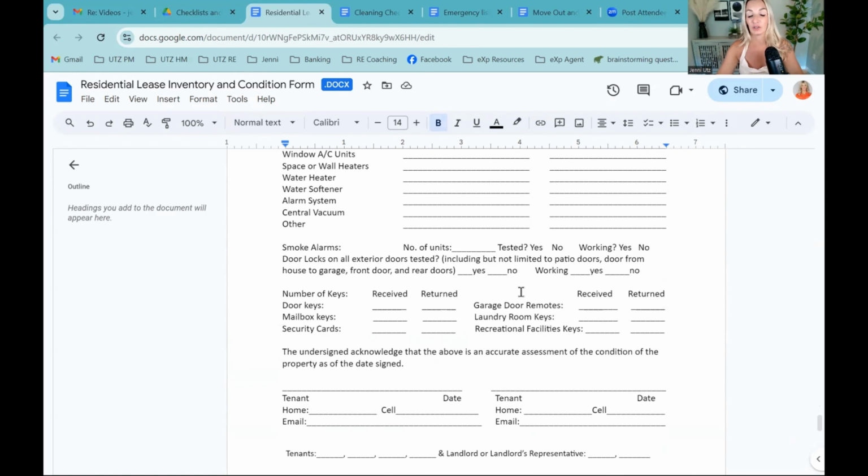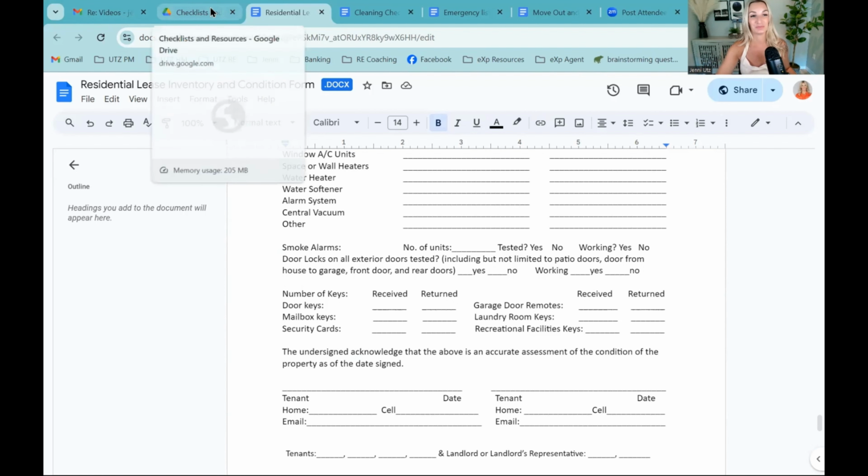Also, the number of keys that you received and that were returned. Those are also really big things to keep in mind. It just might skew however many is coming back as well. So you want to just keep track. Everything is about keeping track, writing things down, doing your due diligence, and making sure that everything is the way that it was when a tenant moved out.